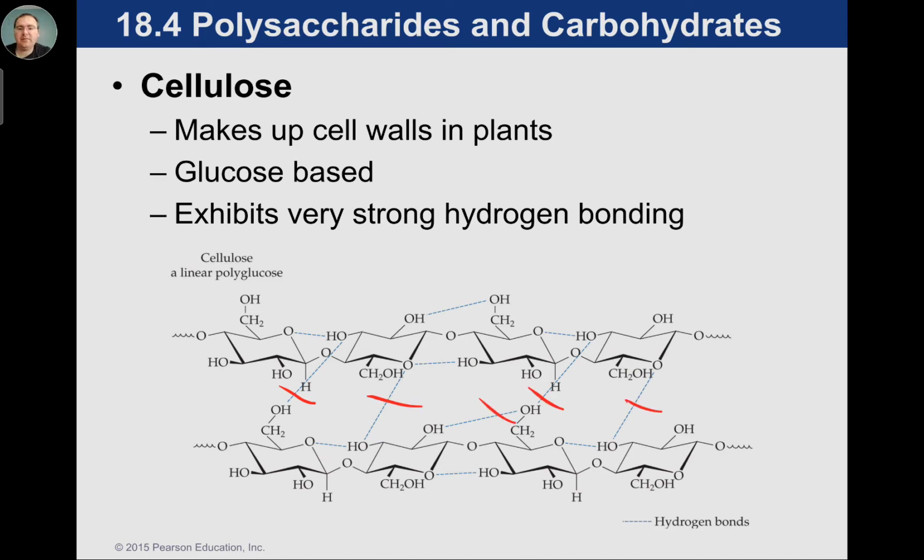And when there's millions, trillions of these glucose polymers, and millions, trillions of these glucose strands, that's a lot of hydrogen bonding to break. Once we break strand from strand, then we have to break the hydrogen bonding between the strands themselves.